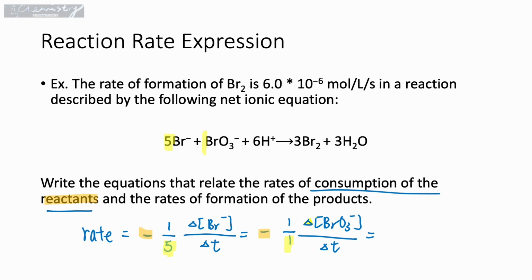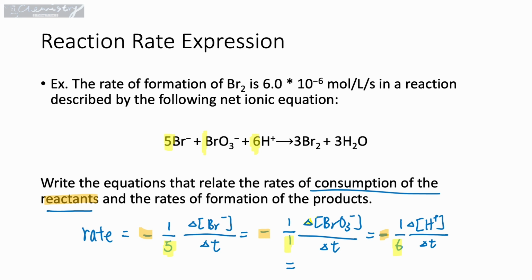And that is equal to the consumption of protons, so hydrogen ions, as well. So we can see that it is 1/6 because of that. And then again, the negative indicates that it is a reactant. So those are the rates of the consumption of the reactants.